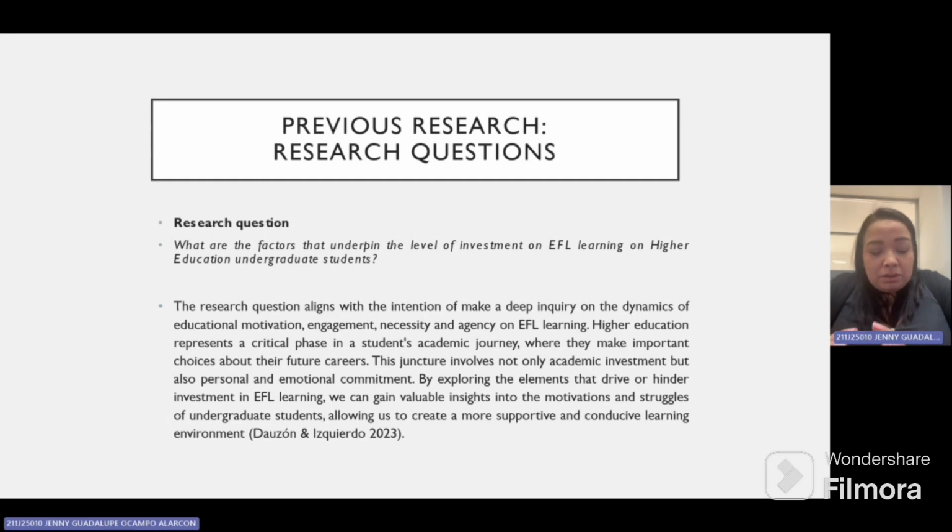And these elements can be a very important part of the investment in EFL learning. So it will allow the academic side to be more supportive and a guide for them, and to create a more appropriate learning environment for them.